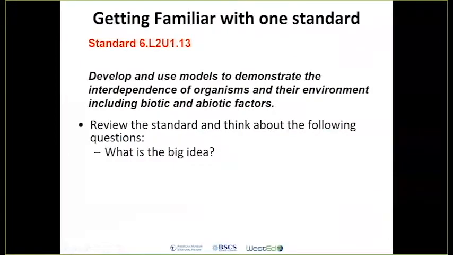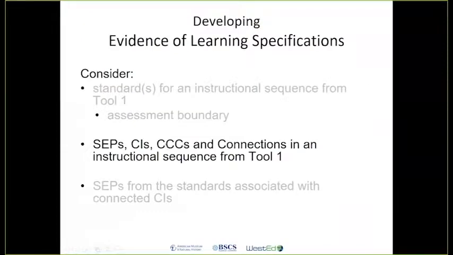Not just focusing on the standard, not just focusing on the learning progression, but everything. Then we're going to add in our science engineering practices, our core ideas, and our cross-cutting concepts to make those connections.